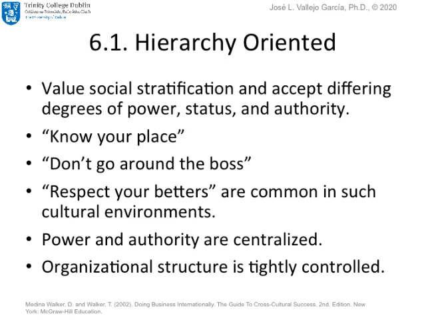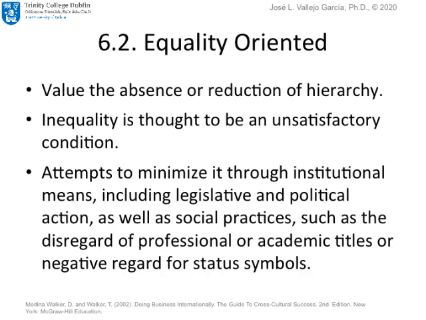Power and authority are centralized and organizational structure is tightly controlled. So that's hierarchy-oriented cultures within the dimension of power. And the second orientation is egalitarianism or equality, where they value the absence or reduction of hierarchy.